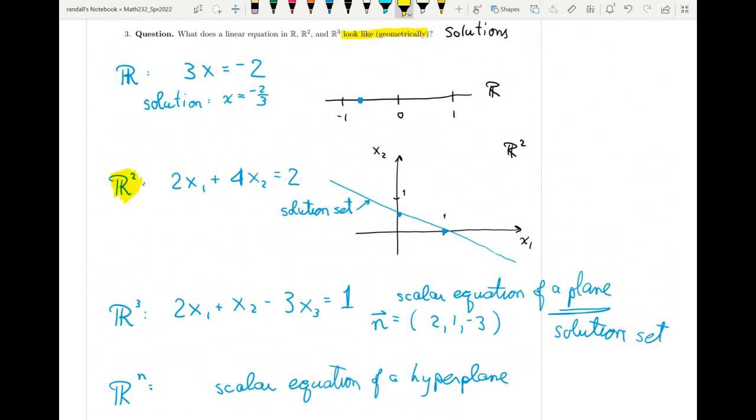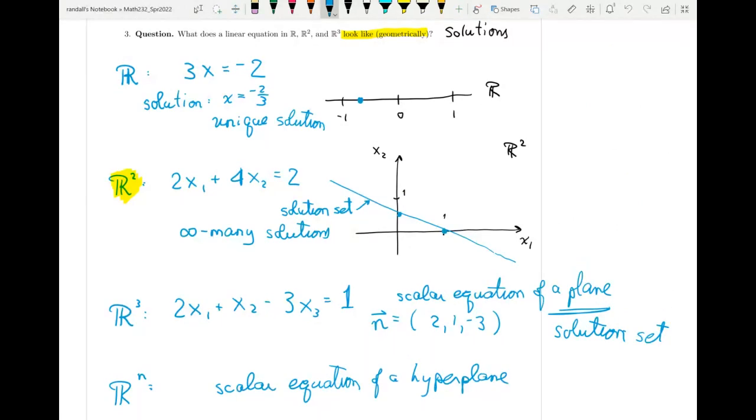In this particular case, there are infinitely many solutions, because there are infinitely many points on that line. And actually, let me write up here, this one has a unique solution.